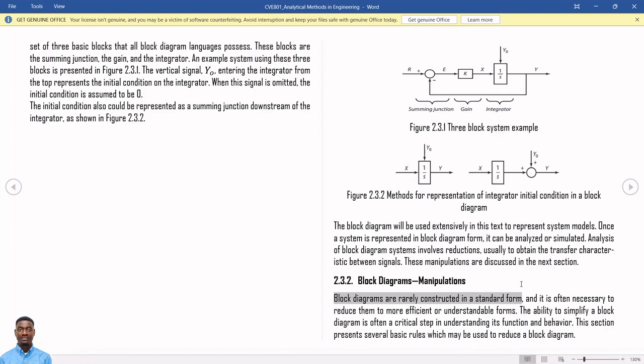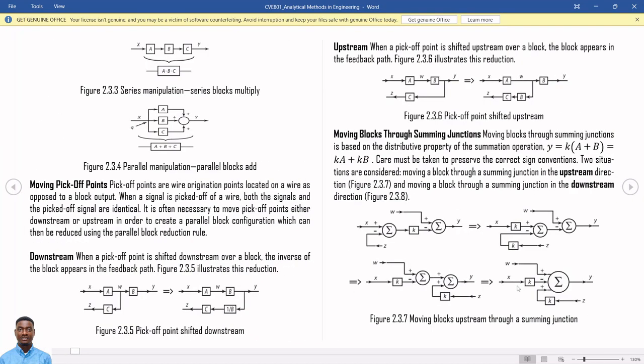So one way by which we can modify them is to reduce them using the block diagram manipulation methods, and for efficiency and for readability, it's always good to minimize these block diagrams. So I'll just be showing you these methods.